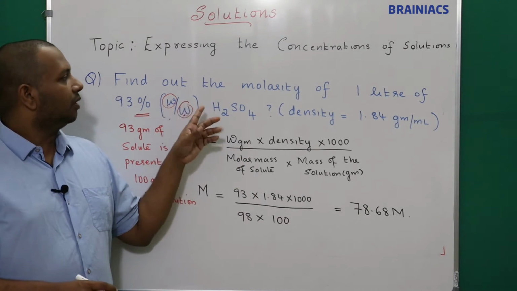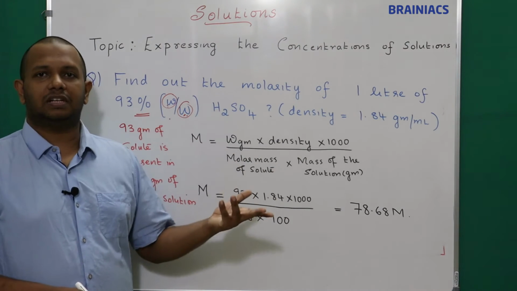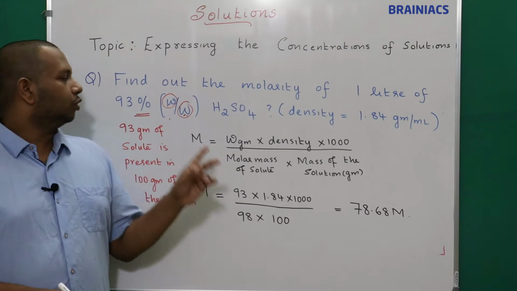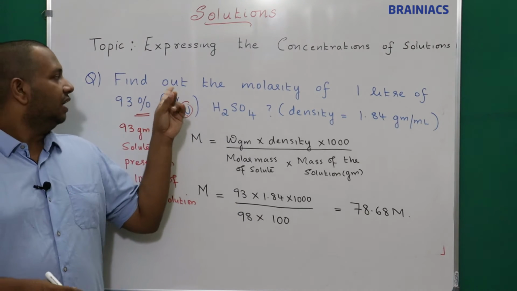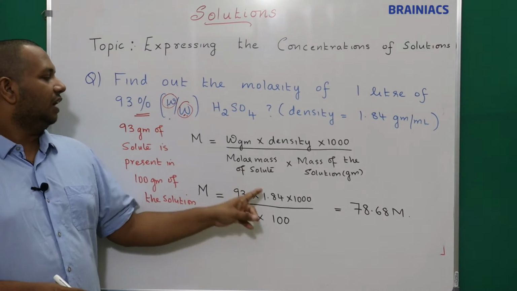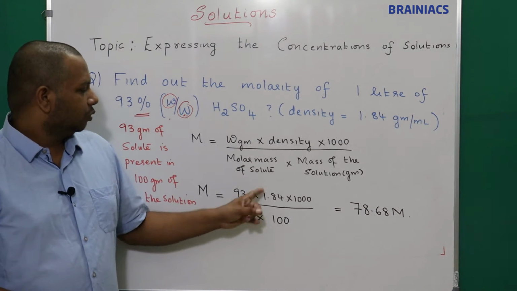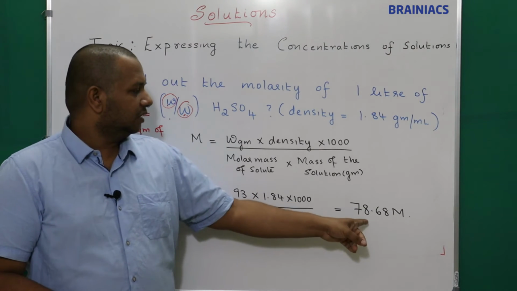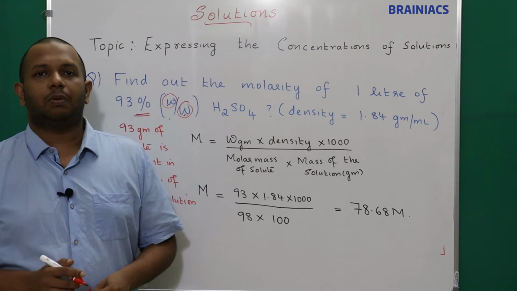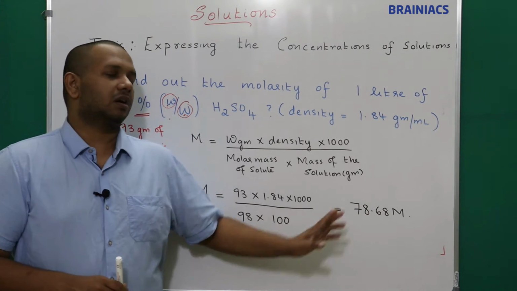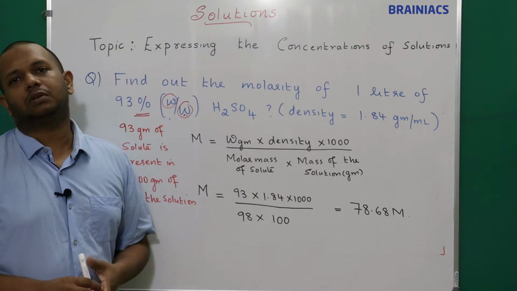Suppose they have given some other values, not percentage, then you don't want to keep 100 here. So percentage means 93 gram of the solute is present in 100 gram of the solution. So you substitute 100 gram. On cancellation you will get the final value as 78.68 molar. Very important, most repeated question.